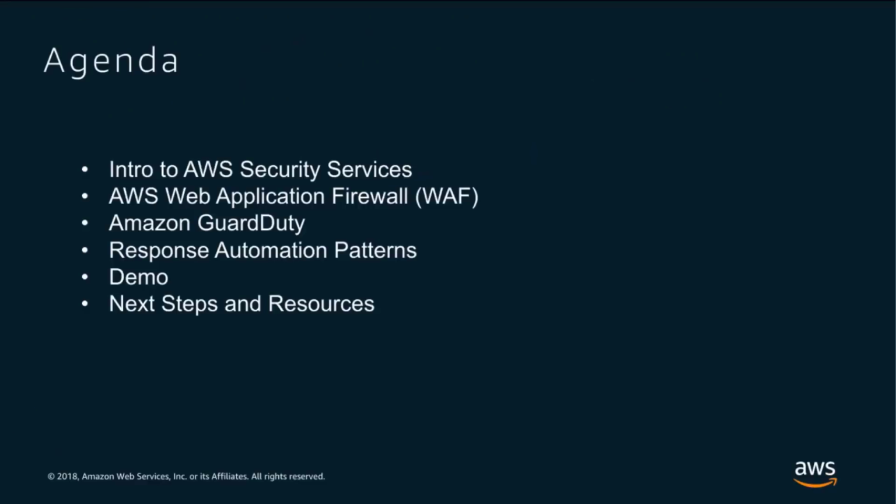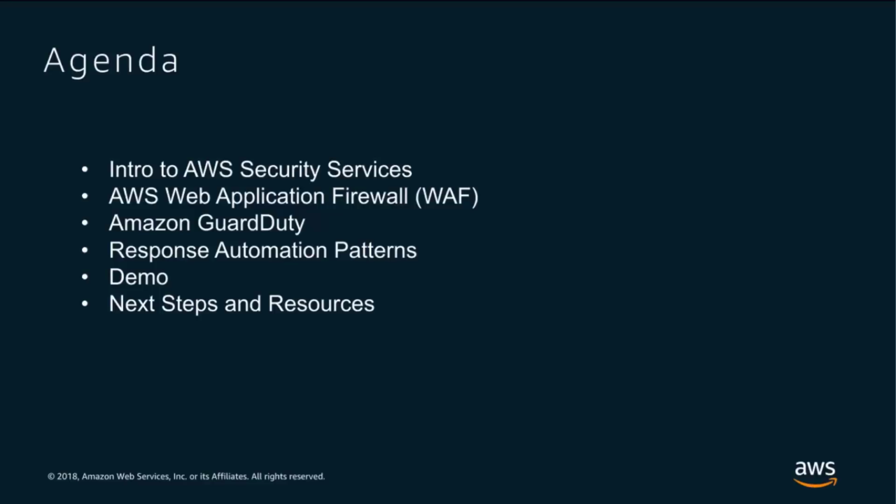Here's the agenda for today. First, we'll start with a brief overview of AWS security services. Then we'll jump into a deeper dive on two specific services, AWS Web Application Firewall, or WAF, and also Amazon GuardDuty. After that, Cameron will take over and talk about some general patterns around response automation.